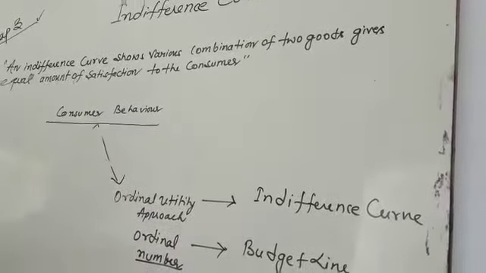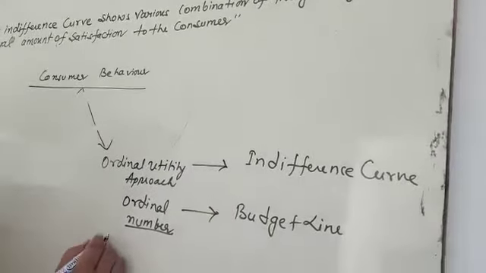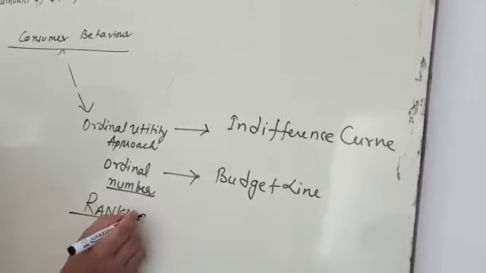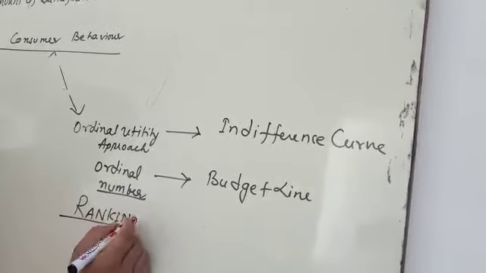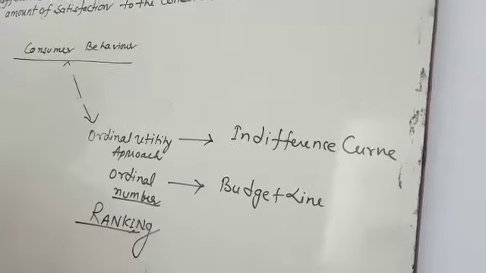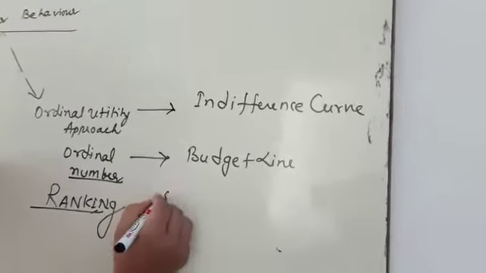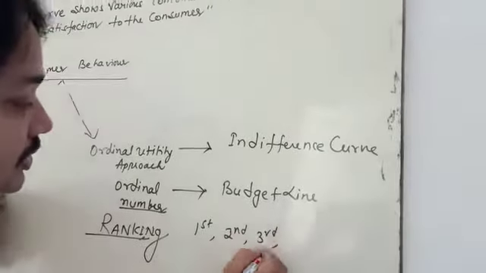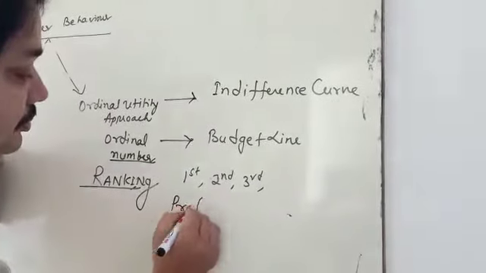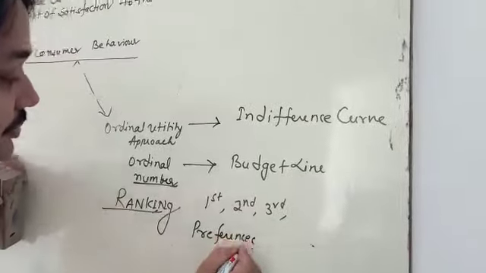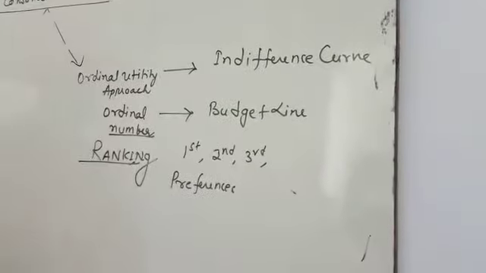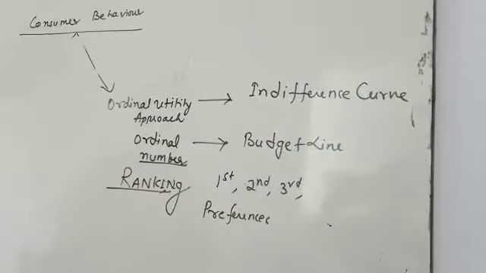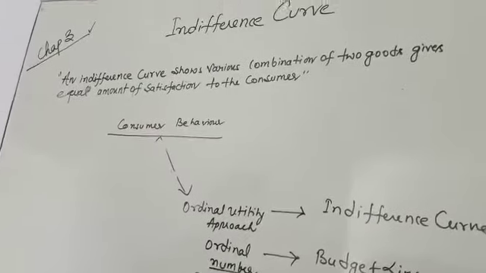So what is the ordinal system? The ordinal system means the ranking system, first, second, third, fourth. You can also say preferences. With the help of these two methods, indifference curve and budget line, we are going to study the behavior of the consumer.